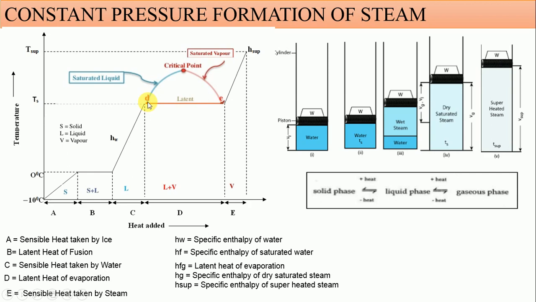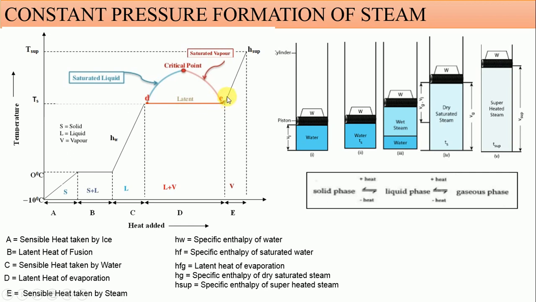Now here at point D, if you see, point D is nothing but the saturated liquid, which means there are no solid particles present, it is completely in the liquid form, and on further heating that particular liquid starts converting into the steam. Now on further heating, steam gets converted into the vapor state, and at this point E is nothing but the complete vapor.